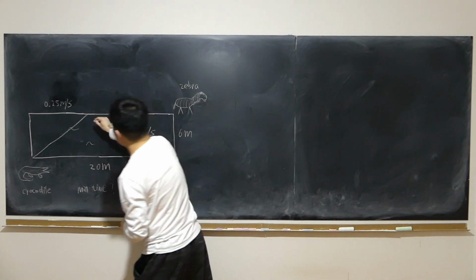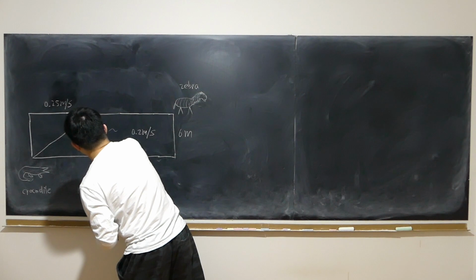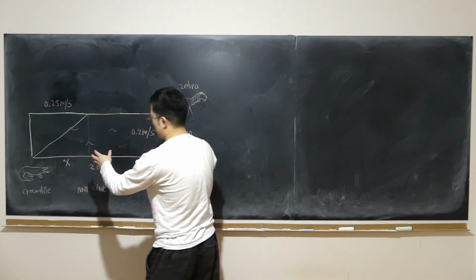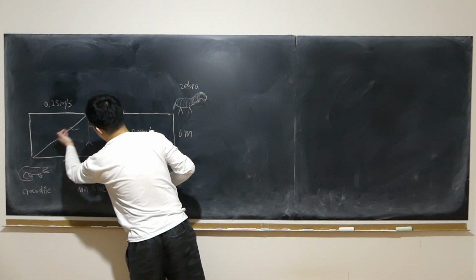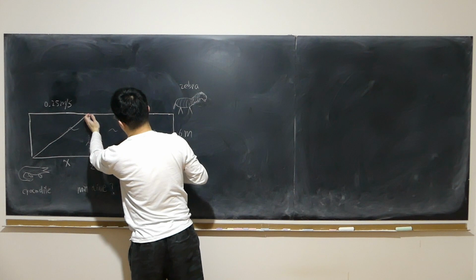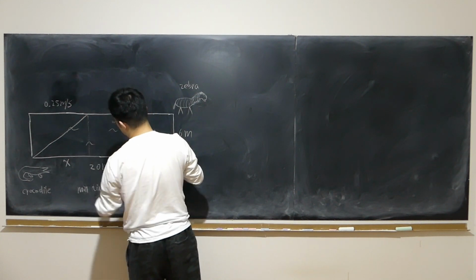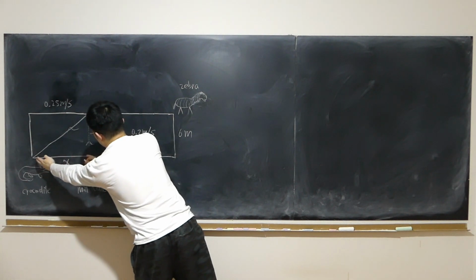In other words, we must determine how long it has to travel in the river before it reaches the land, then complete the rest of the course at this speed. We can set this length as x.